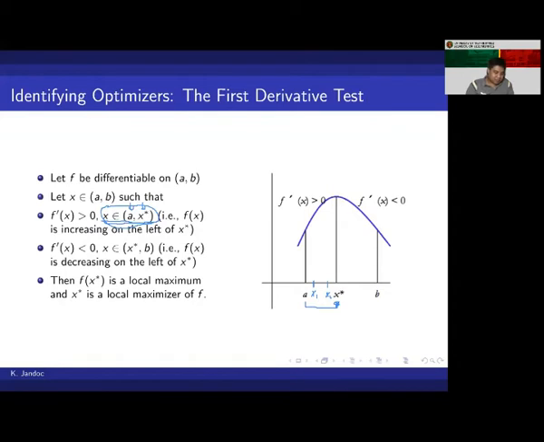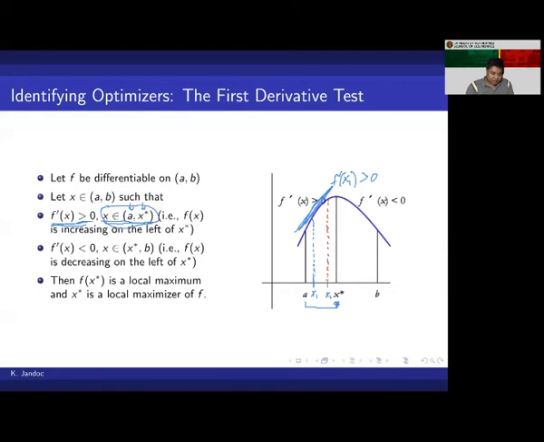When this happens, f prime of x is greater than 0, which means that the slope of the tangent line at that point is positive. So at x1, for example, this tangent line, f prime of x1, is clearly upward sloping, so it's positive. At another point between A and x star, call it x2, let's do the same exercise.